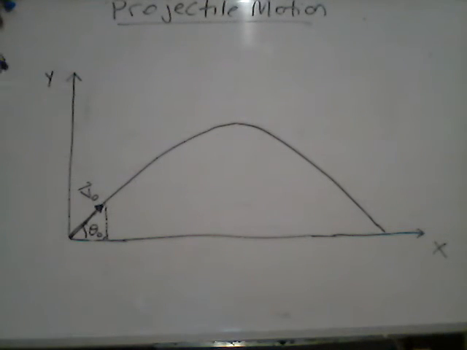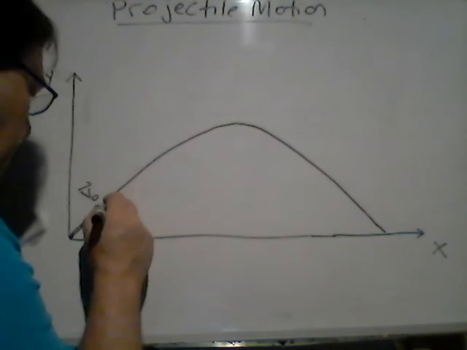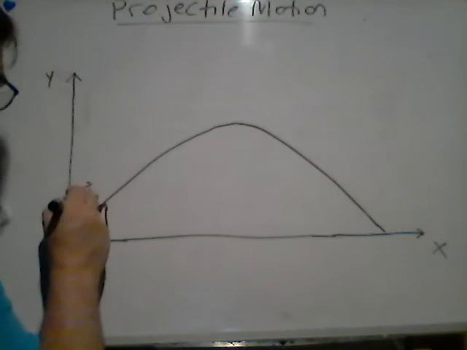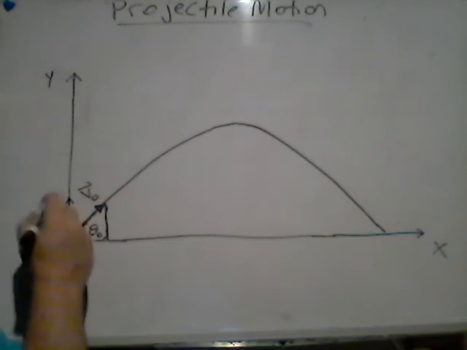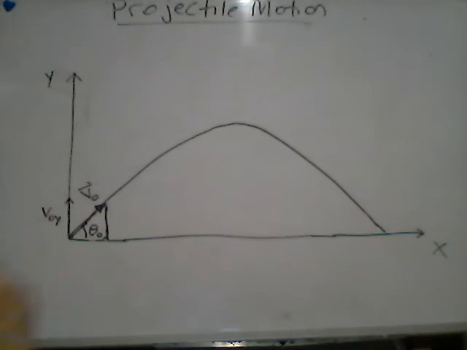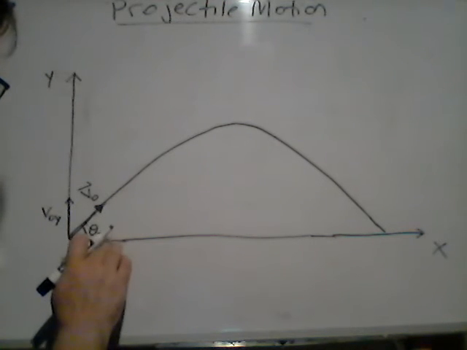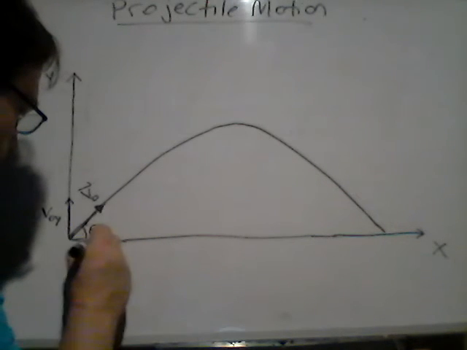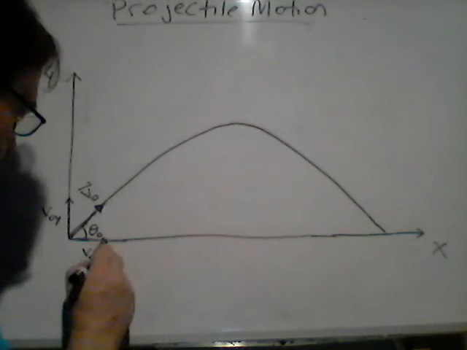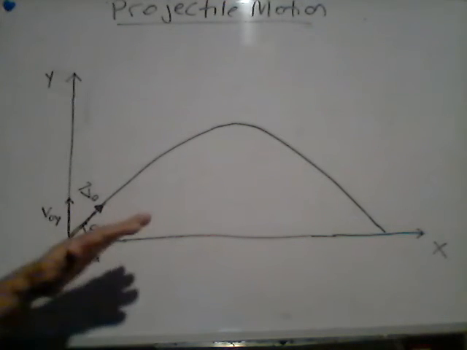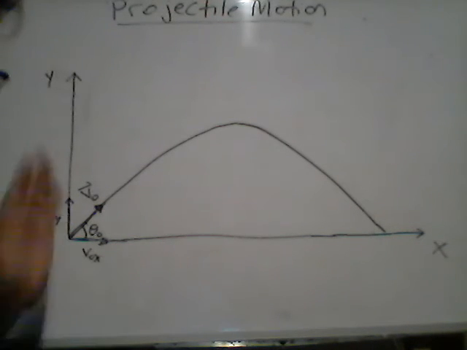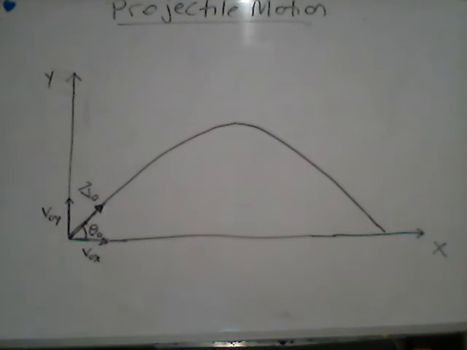And so we know that we can break this up into a v sub y, or v naught sub y, and a v naught sub x. So v naught will be composed of so much v in the x direction, so much v in the y direction. So v naught sub x and v naught sub y.